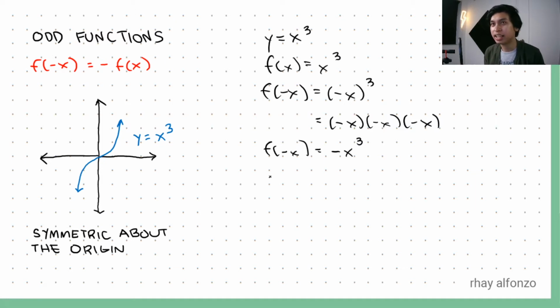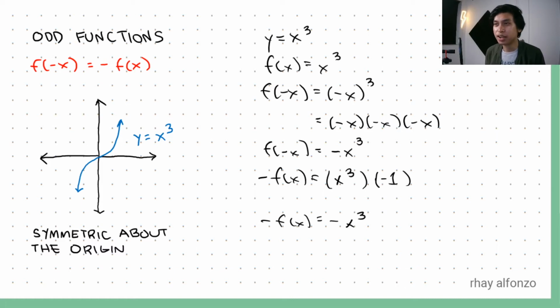So now let's get negative f of x. Here we just multiply everything with negative 1. So we get the original function, which is x cubed, multiplied to negative 1. So negative f of x is just equal to negative x cubed.